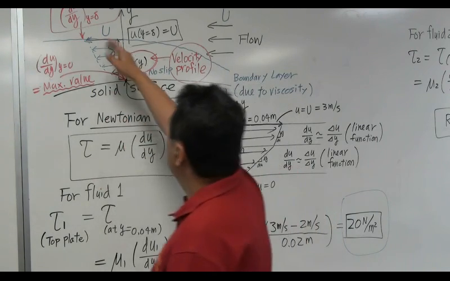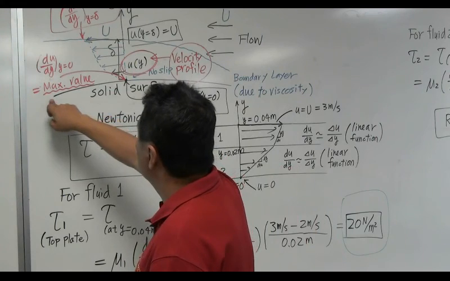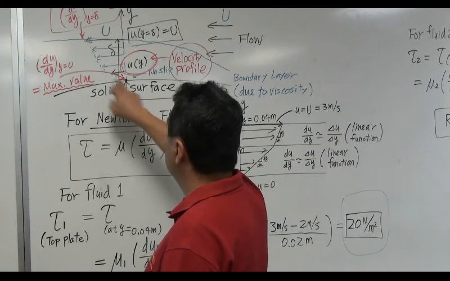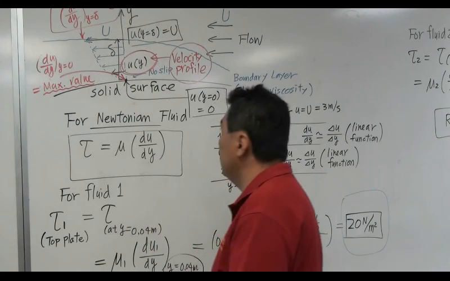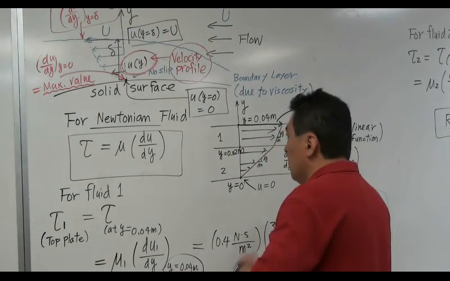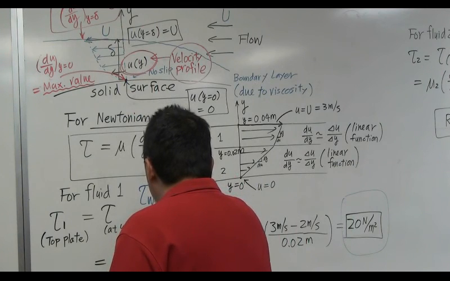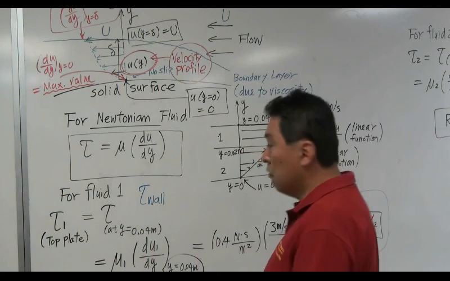Now obviously, in this particular case, tau becomes maximum value on the wall, which is a non-slip surface. Tau becomes 0 at the edge of the boundary layer. Because of that, typically, we are going to determine wall shear stress.